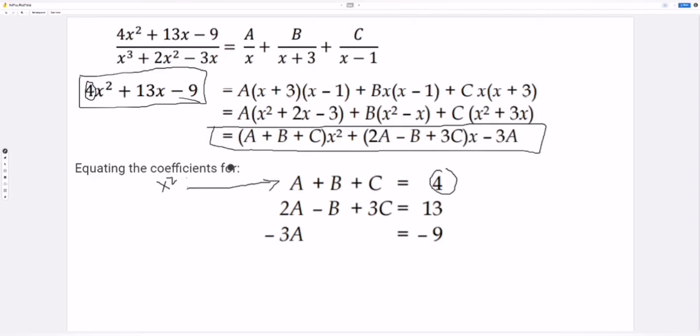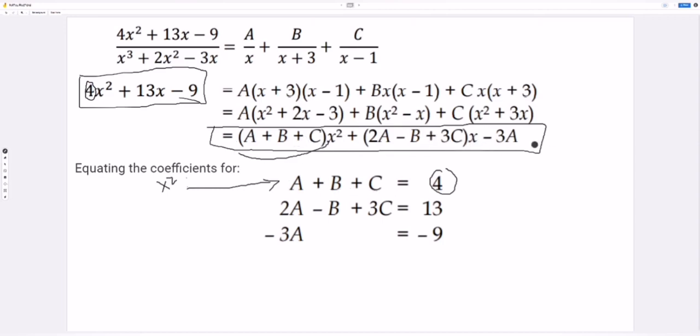Again, we are just equating the coefficients, so you are only stating the coefficients of the functions. On the right side, the coefficients for x squared are 1, so a plus b plus c.